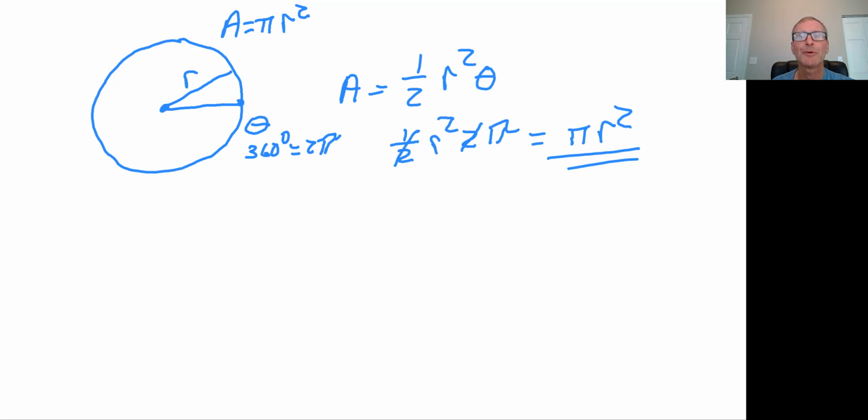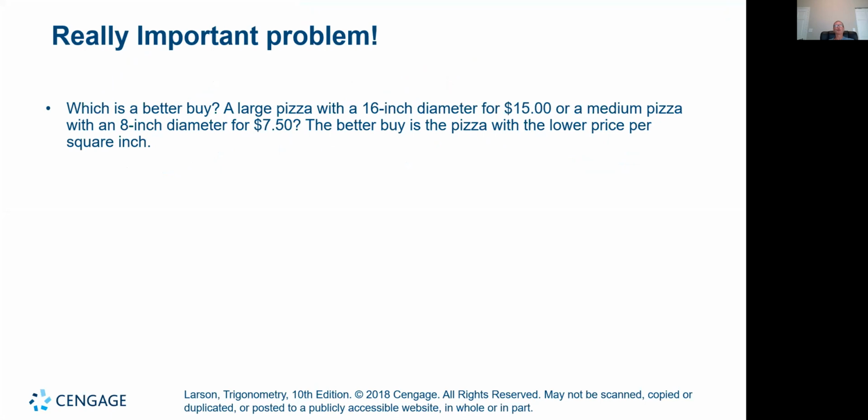I'm going to leave you with one last problem, and this is probably one of the most important problems for a college student that doesn't have a lot of money: figure out the best buy for your pizza.